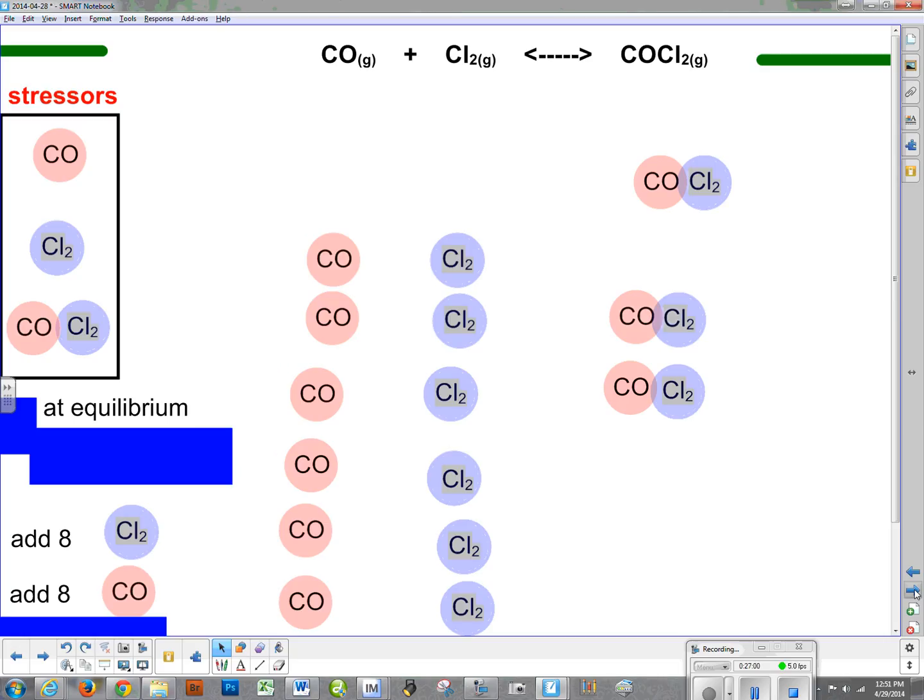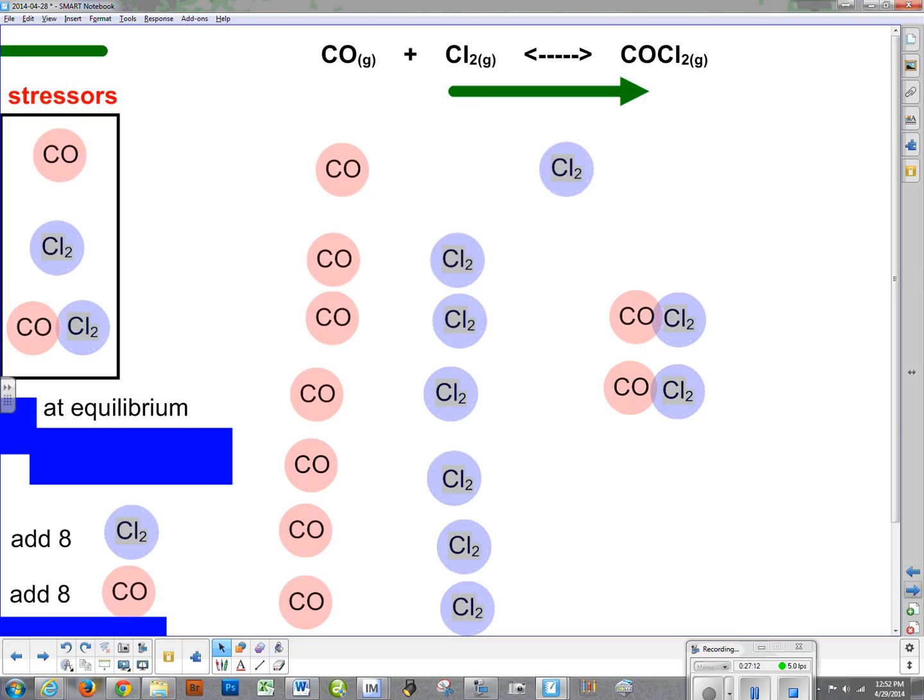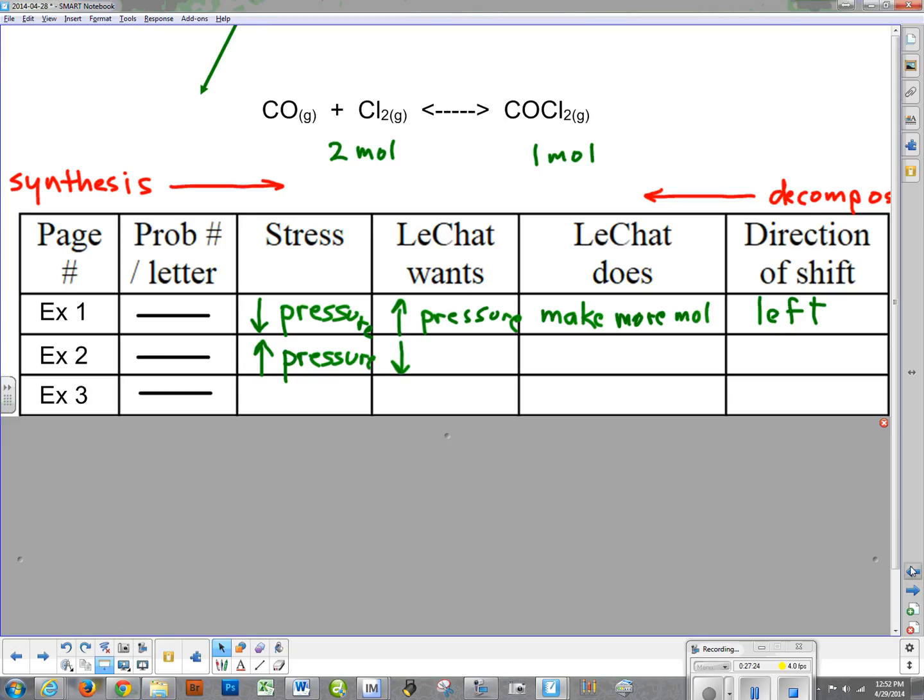And because I have a right shift, I have gone to the right to do the synthesis type of reaction. And that would make fewer moles, because over here I have 2, and when the reaction occurs and we shift it this way, we have just made fewer moles, which reduces our volume.